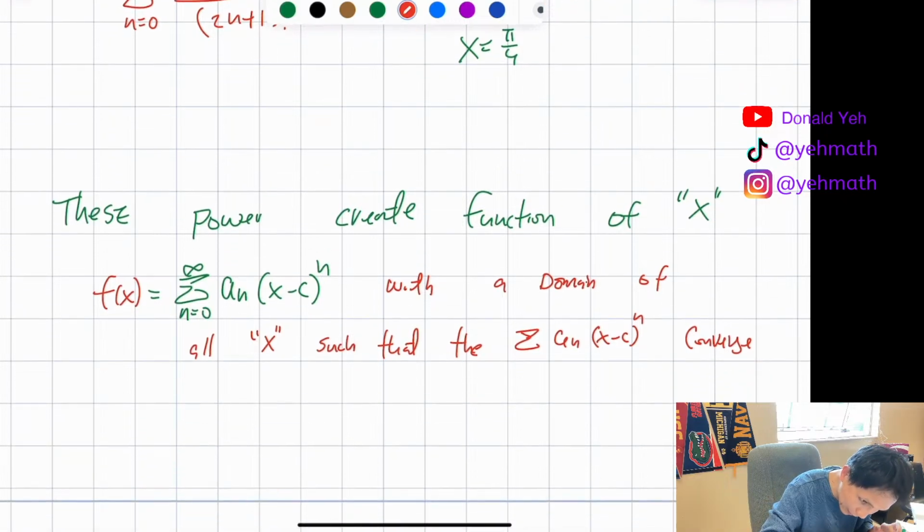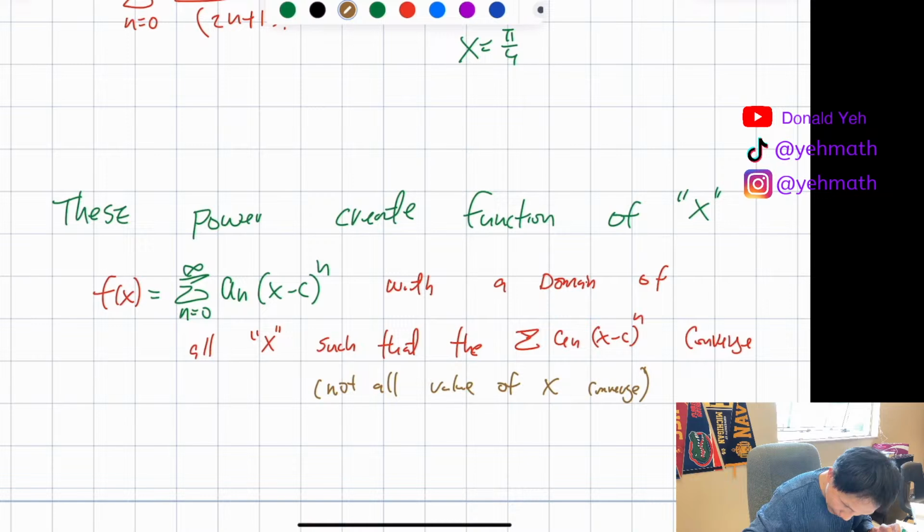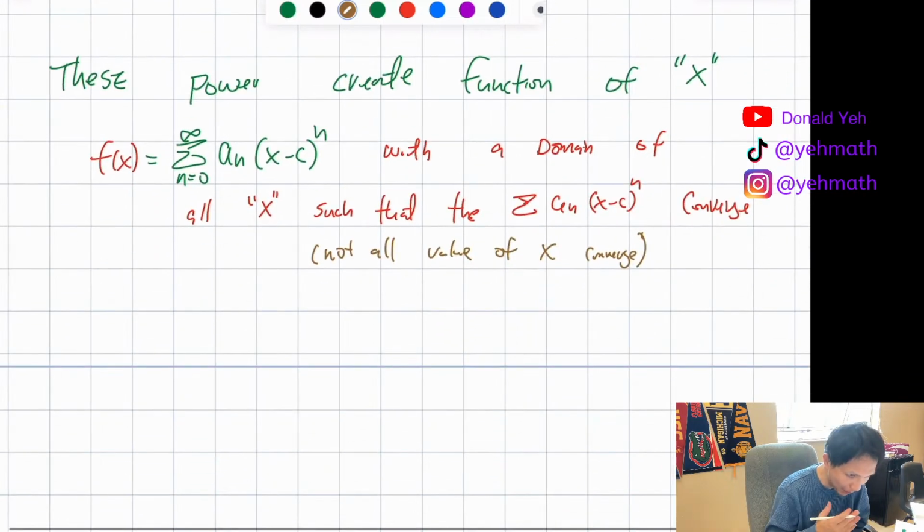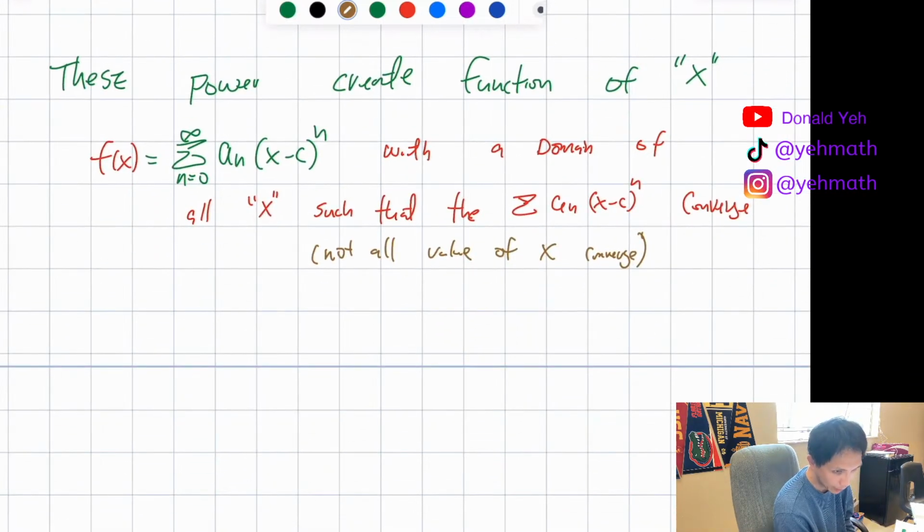But you gotta realize something though. Not all values of x converge. And I'm going to give you an example of this. So the one example that I'm going to mention, I'm going to say this again. The power series creates the function of x. So we represent f of x as some type of power series.